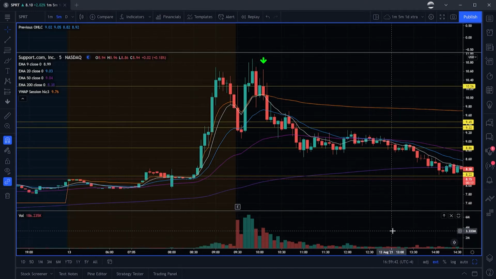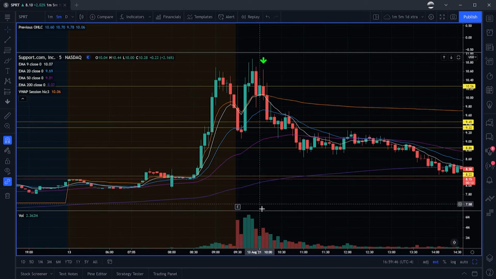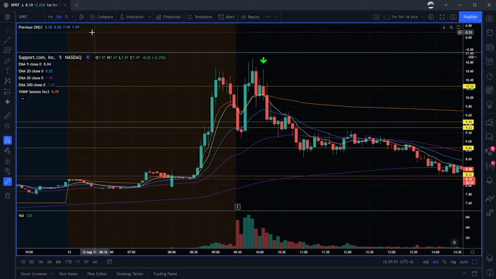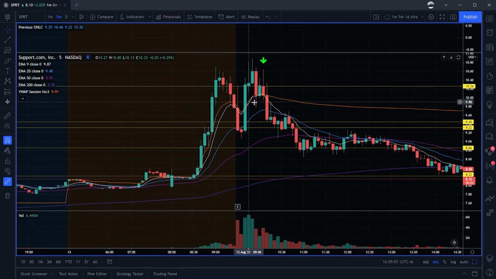Also, like on the daily chart, we have the volume below, and also I have this very simple custom indicator, previous OHLC, which does nothing more than providing the previous values for the open, high, low and close of the candle, so I don't have to switch back and forth every time that I want to look, for example, for a breakout.